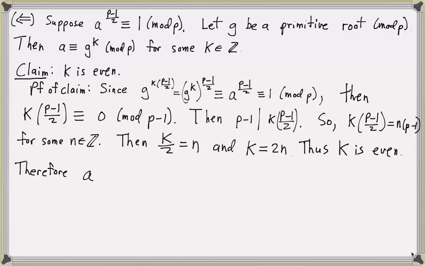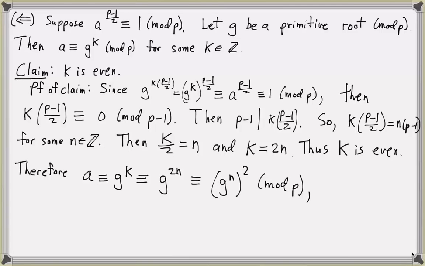Therefore, a, which is congruent to g to the power k, and now I'm going to replace k with 2 times some integer n, is congruent to g to the power n, the quantity squared, mod p. But we see that g to the power n, the quantity squared, is congruent to a mod p. That makes g to the power n a solution to the congruence x squared congruent to a mod p.